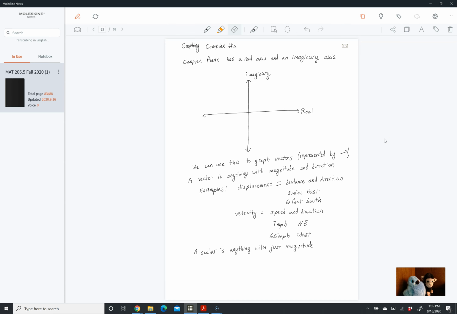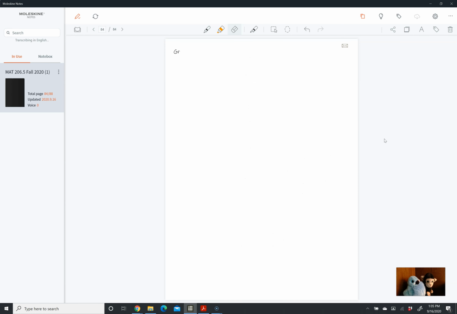Let's say that we wanted to graph 2 plus i. Okay, so your real part is 2 and your imaginary part is 1. Remember, the imaginary part is what comes before the i.